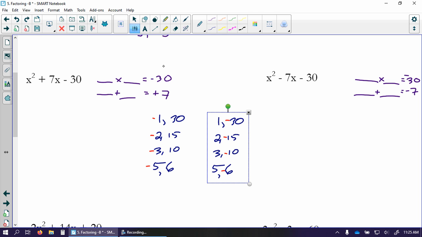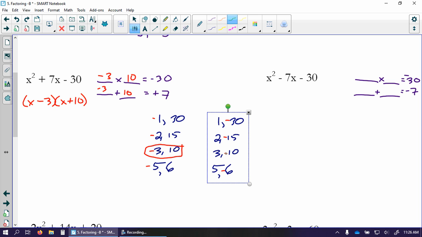All of these are going to multiply to give negative 30. If I want positive 7, I probably want that one there because negative 3 plus 10 is positive 7. Negative 3 times 10 is negative 30. So this one's going to factor into x minus 3, x plus 10.